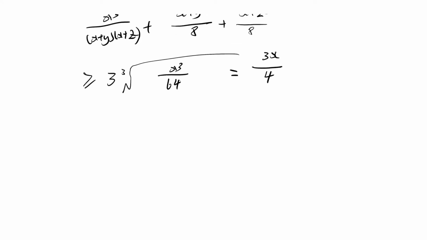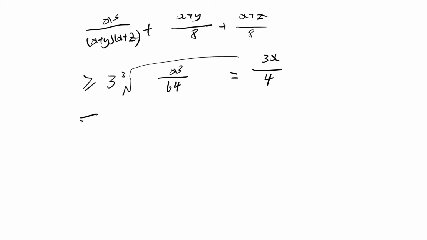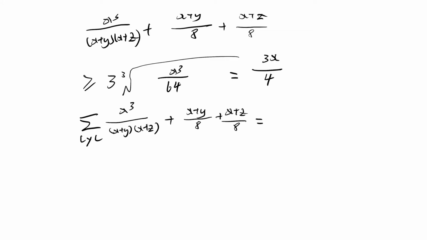And similarly, x cubed over (x plus y)(x plus z), plus (x plus y) over 8, plus (x plus z) over 8 is larger or equal to 3x over 4.